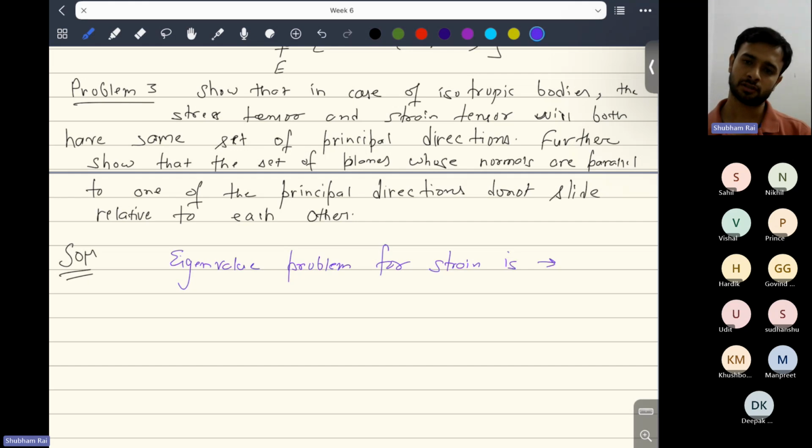It boils down to an eigenvalue problem, where eigenvalues are the principal values and eigenvectors are the principal directions.